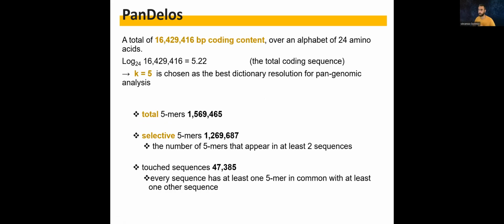By running PanDelos, we found an optimal word length k equal to 5. So the total number of 5-mers was then more than 1 million. And interestingly, we found that the number of k-mers that appear in at least 2 sequences is relatively high, which means that between any 2 genetic sequences there is always at least one k-mer in common.